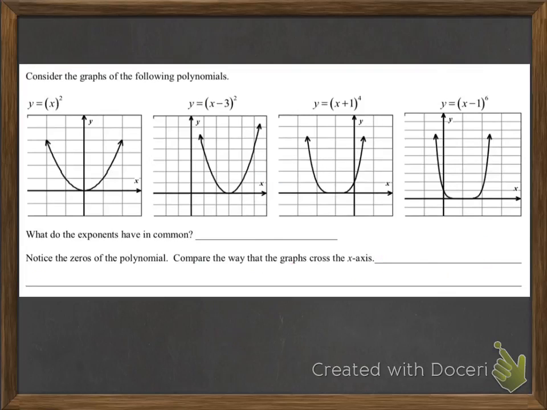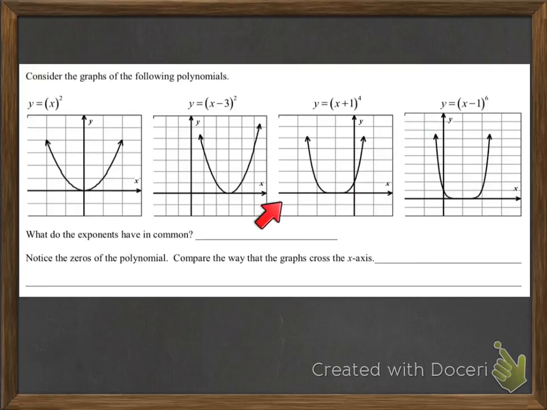All right, so now the second set of graphs that we have here, we have y equals x squared, which is just our parabola parent function. Then we have x minus 3 squared, which is a parabola once again, but shifted to the right 3 units. Then we have x plus 1 raised to the 4th power and x minus 1 raised to the 6th power.